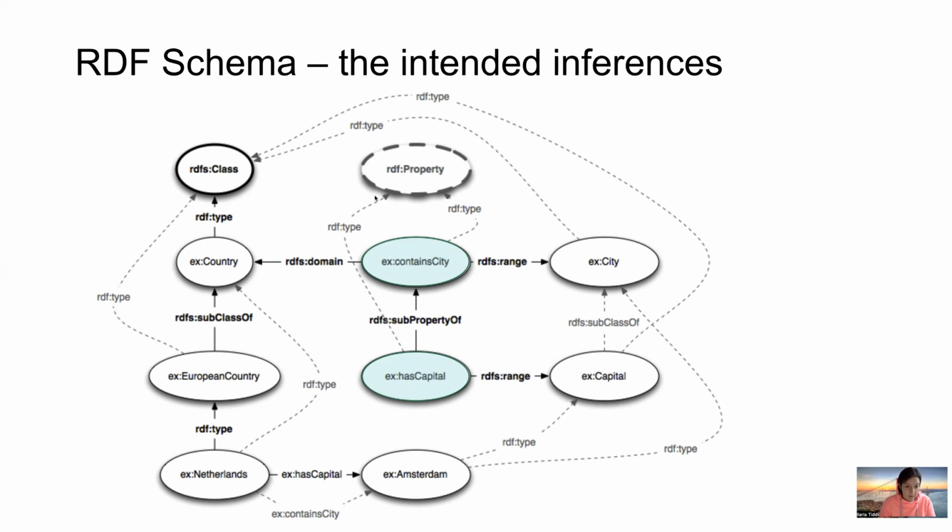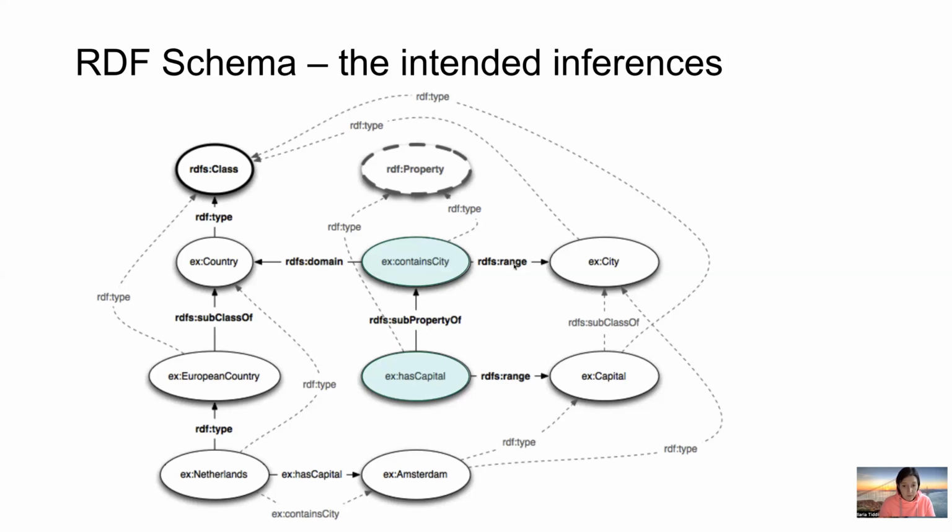The same happens with properties. Here the properties contains city and its subproperty are inferred to be an RDFS property only because they have expressed RDFS range and domain.